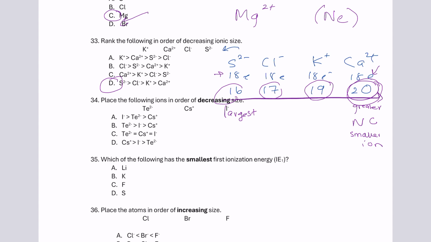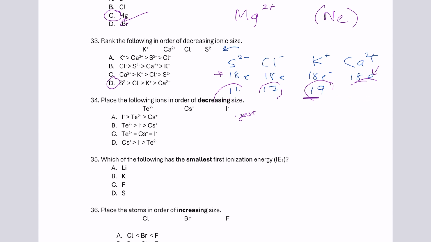Problem 34 says, place the following ions in order of decreasing size. Here we again see an example of an isoelectronic series where different ions have the same number of electrons, but they differ in how many protons they have, and that affects their size.